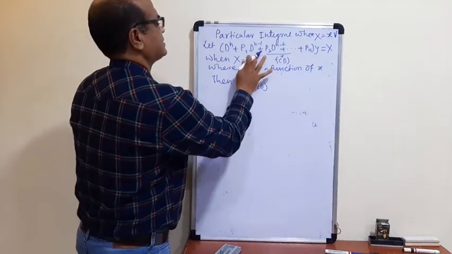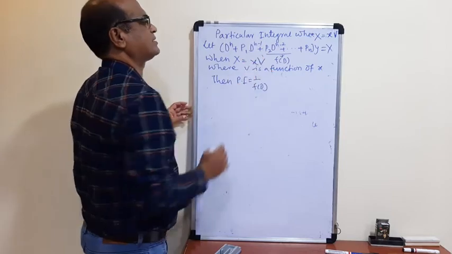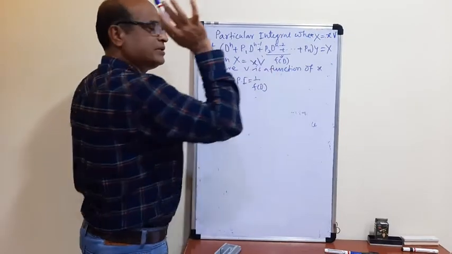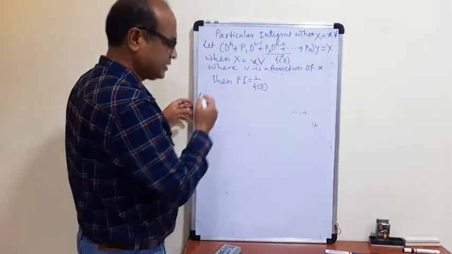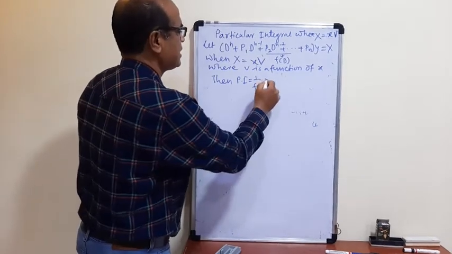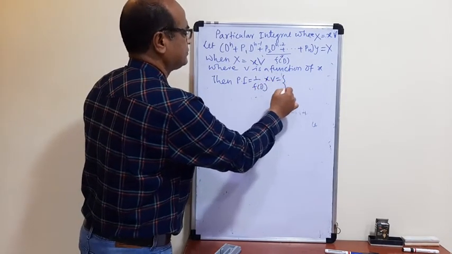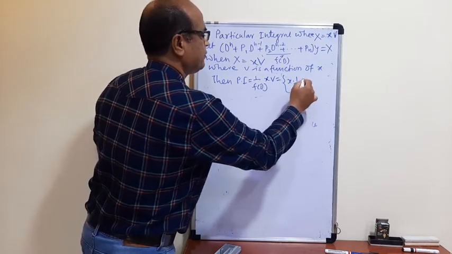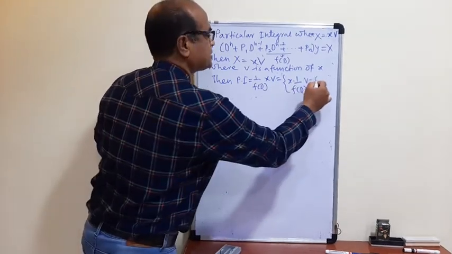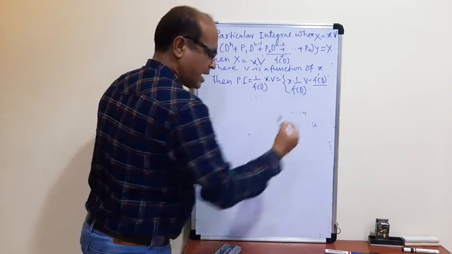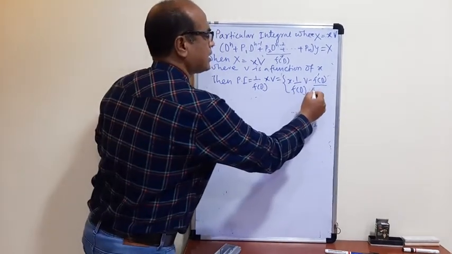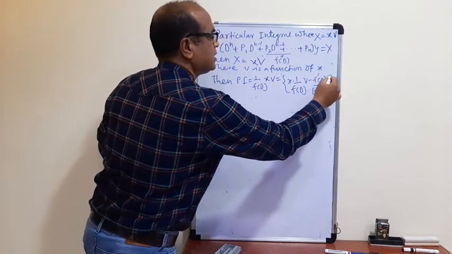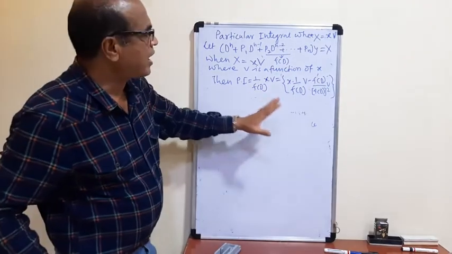Then the particular integral is 1/f(D) xV = x · 1/f(D) V - f'(D)/(f(D))² V. This is the formula to find the particular integral.